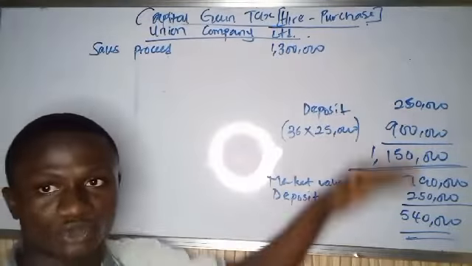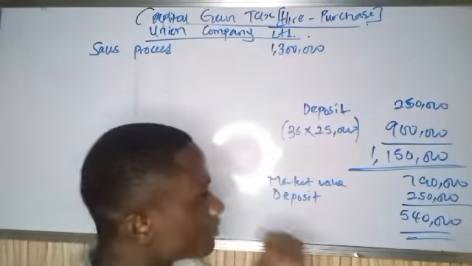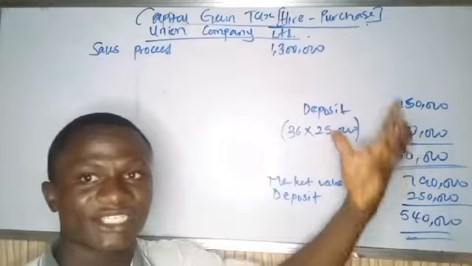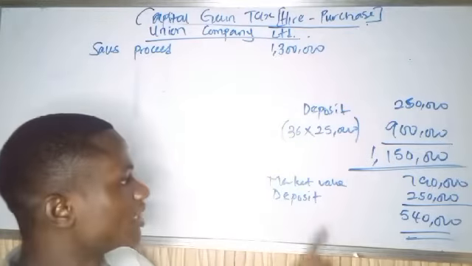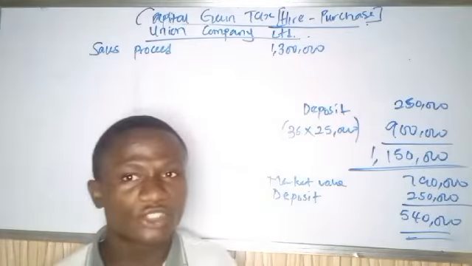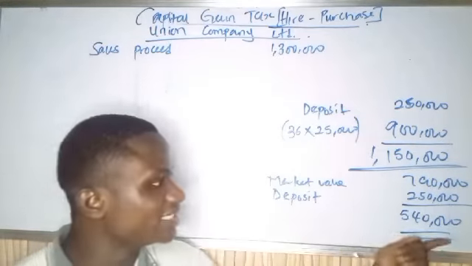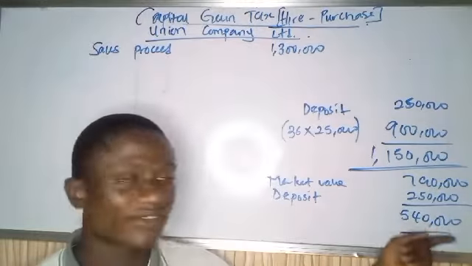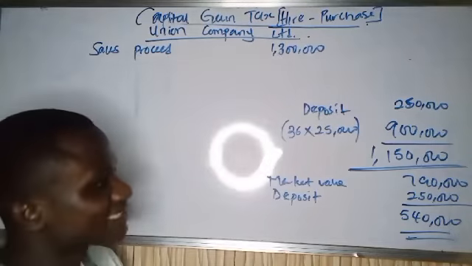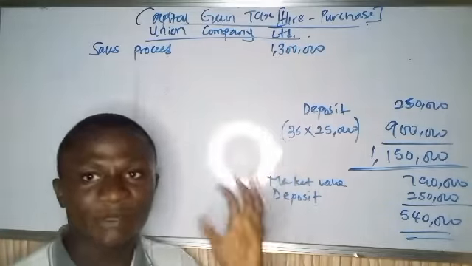Now, the market value or the cash price is 790,000 naira, and he made a deposit of 250,000 naira. If he is not doing hire purchase, his balance should be 540,000. Now, they said from the question that he's going to pay in how many months?